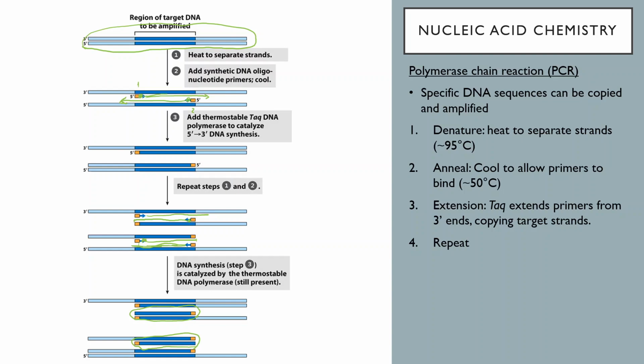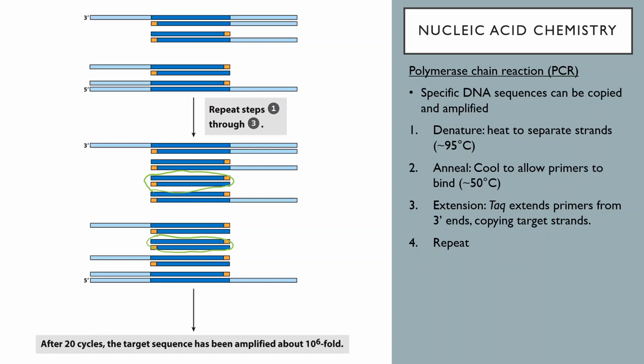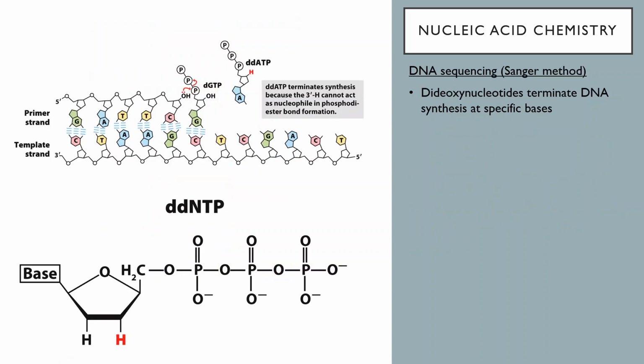One thing about DNA is it's very stable chemically, so you can get DNA from very old samples. But of course, you can't get very much DNA that way. So PCR lets you make many millions of copies of a given sequence, and then study it without having to worry about losing the original sample.